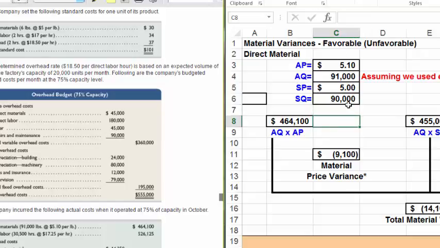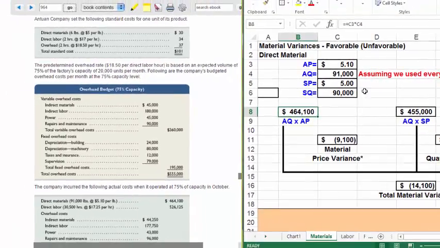So we plugged in our values, and if you multiply your AP times your AQ, you will get the 464,100. That's our first prong. And then we will get our actual quantity of 91,000 pounds. Multiply that by our standard price, which is $5. That'll be $455,000.